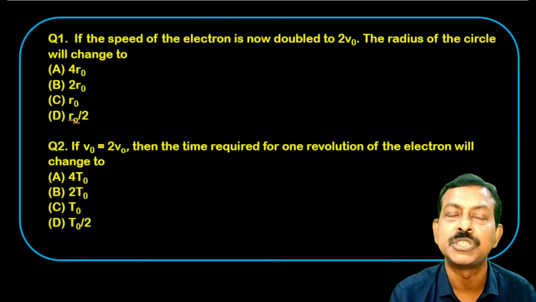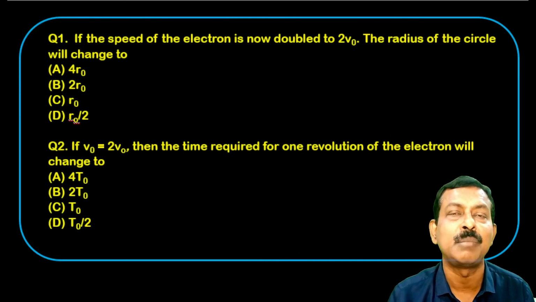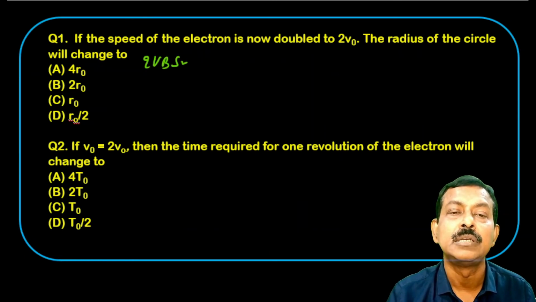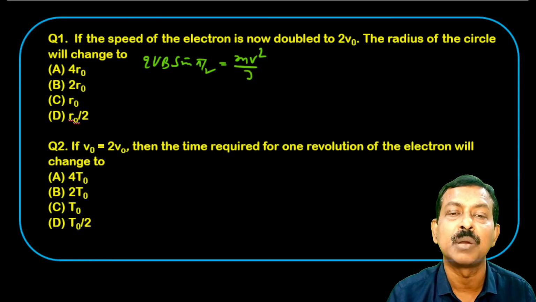So the first question: the speed of the electron is now doubled to 2v0. The radius of the circle? Now if you consider the force acting on the charged particle in the magnetic field, this is qvB sine pi by 2, and this is equal to the centripetal force, that is mv square by r.